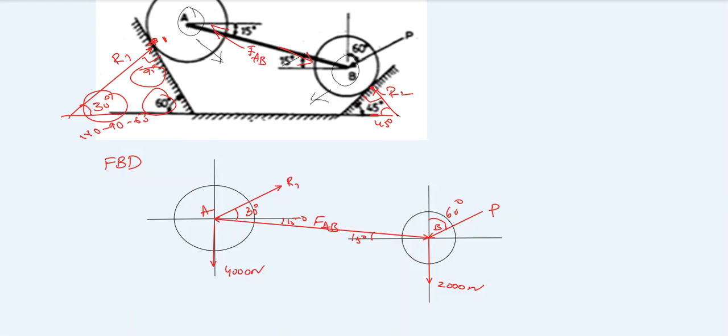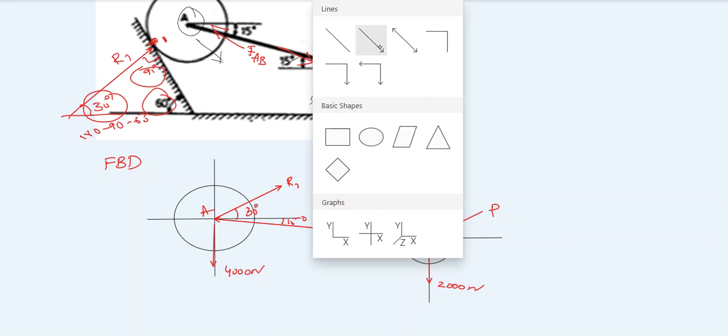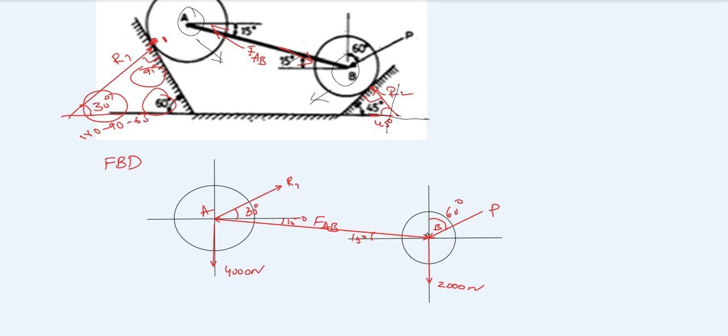This is the starting point. Just draw x-axis, y-axis. You will know it is in the second quadrant, so you can write R2 in the second quadrant, at an angle 45 degrees to the horizontal.